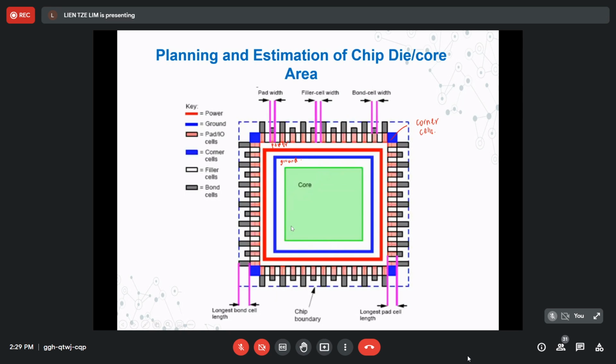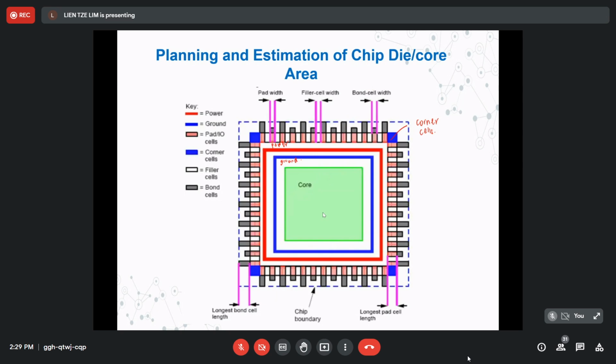So when we want to estimate the core area, we have to consider the cells and macros to be placed in the core area. We want to make full use of the area in the core. How to fully use it? Then we have to arrange the macros and the standard cells in an appropriate or optimized way.